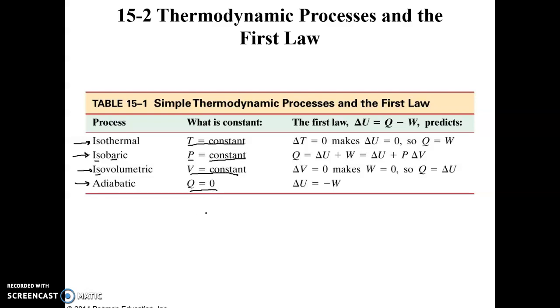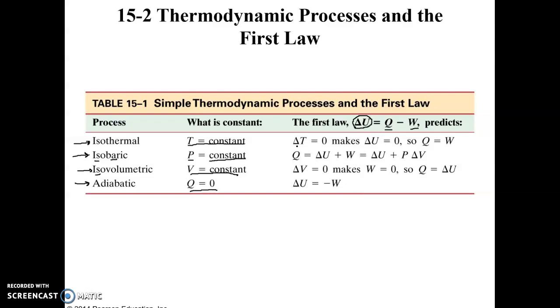It's entirely self-contained. So if we apply that to the first law of thermodynamics, where the total change in energy in the system is equal to heat flow in minus work out, then what do these types of processes mean within that context? Let's try to make a little bit more sense out of this.